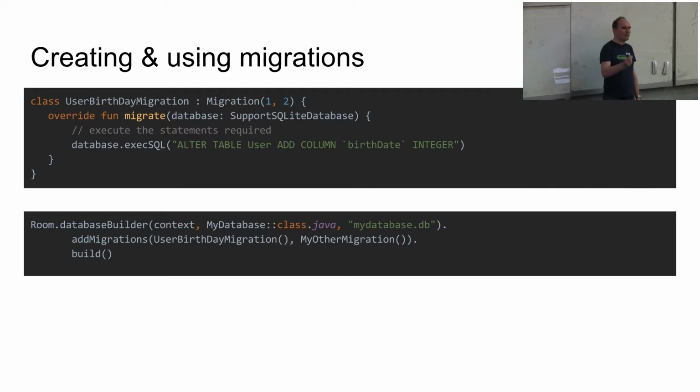You just have a class that specifies from which version you're migrating and what is the target version. And then, which is kind of inconvenient, then you're on your own. Then you have to figure out how to get the database into a state that Room likes. So if you have added columns, then it's your job to execute the proper SQL statements here to add that column.